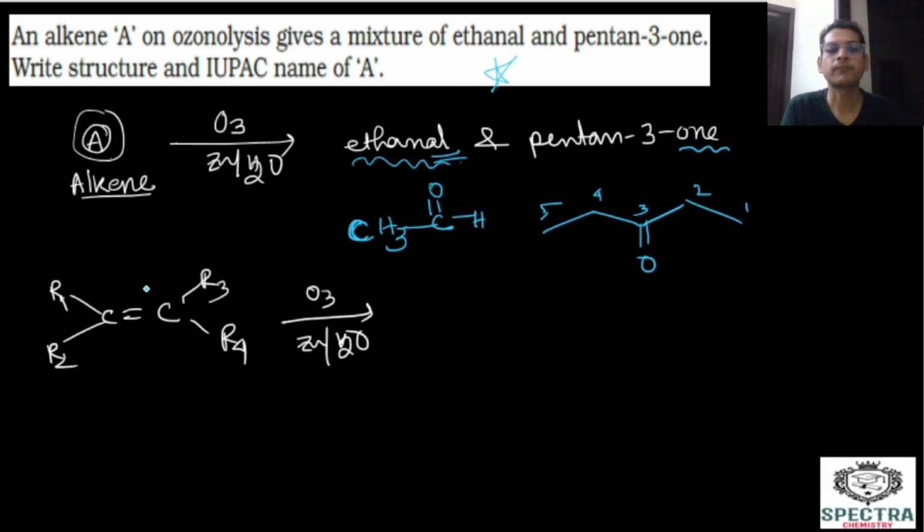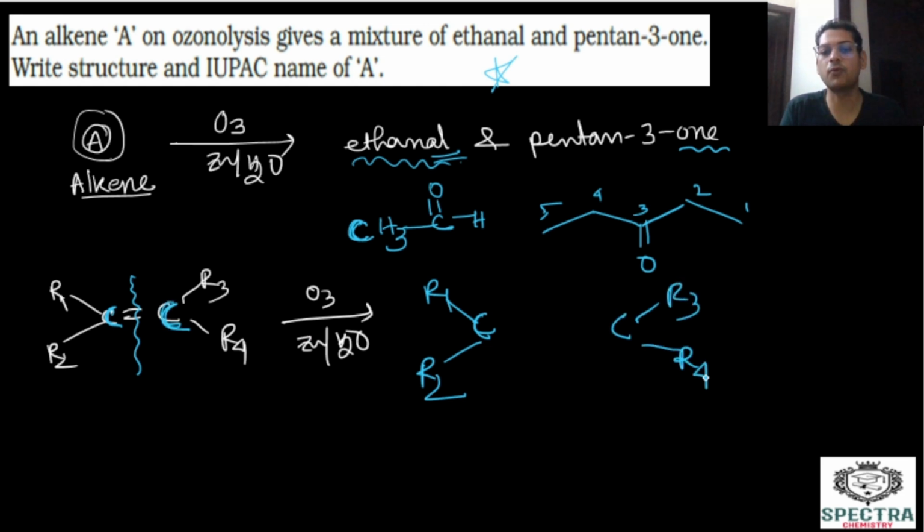What you have to do is break the bond here. If you break the bond, then for this carbon you are having R1 and R2, and for this carbon you are having R3 and R4. But sir, their valency is not satisfied. Yes, so it's your duty to satisfy their valency. Add double bond O, and these two are your products.